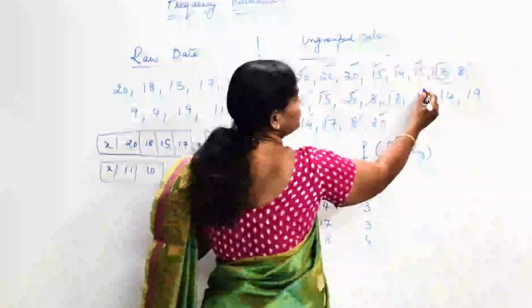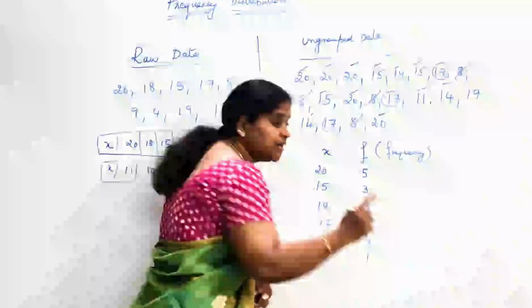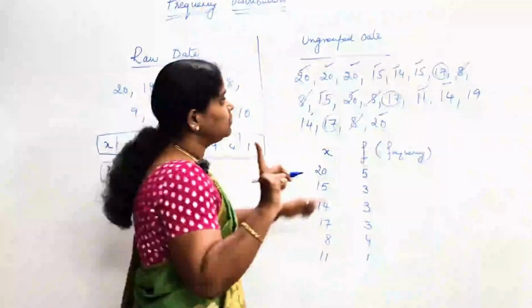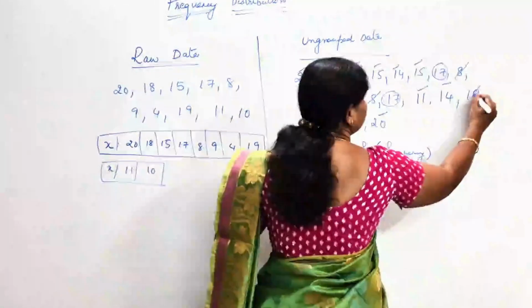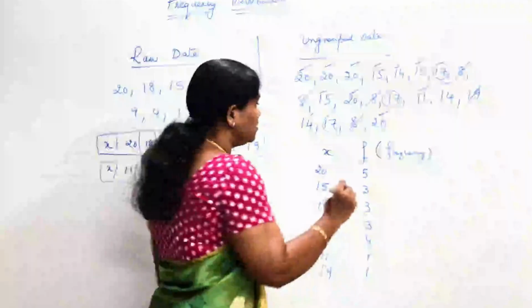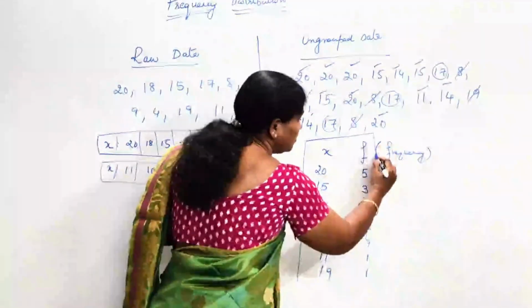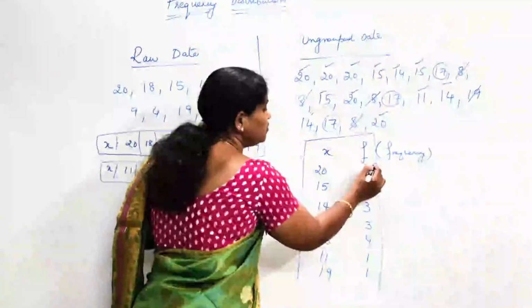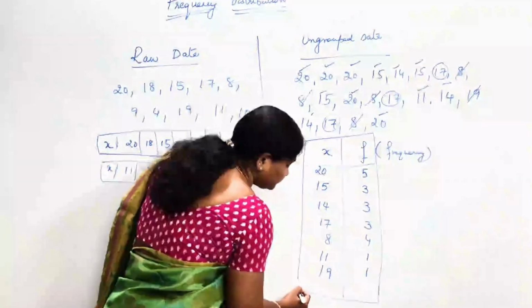Next is 11. 11 is repeating only 1 time. Its frequency value is only 1. And finally it is 19. 19 is also repeating only 1 time. So this is my frequency distribution with respect to discrete or ungrouped data.